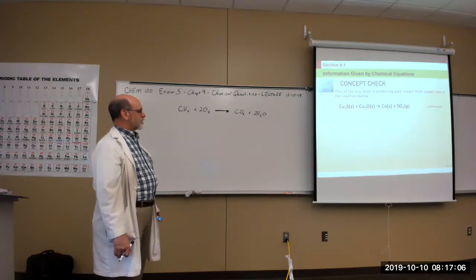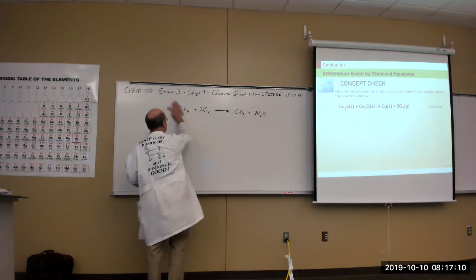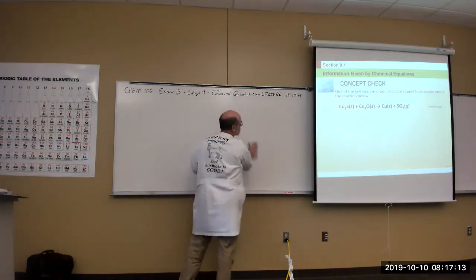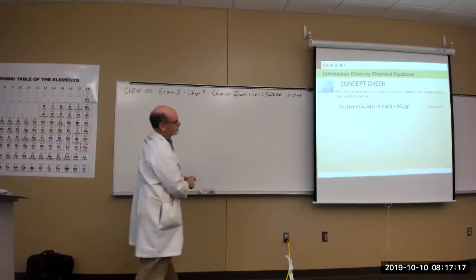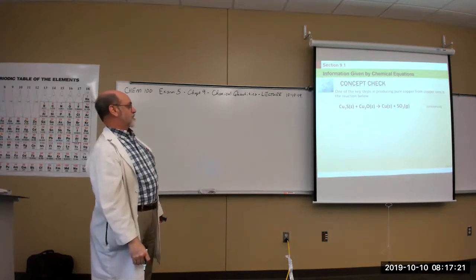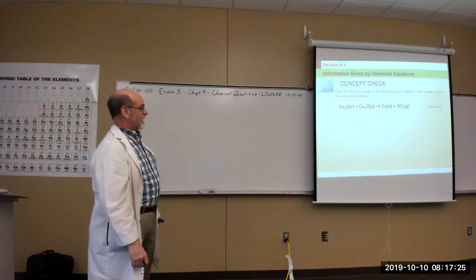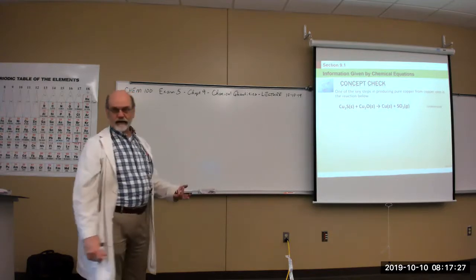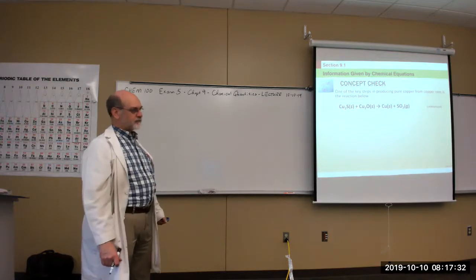Okay, so here's an unbalanced equation where we have copper 1 sulfide plus copper 1 oxide. And the product is copper metal, the solid, plus sulfur dioxide.